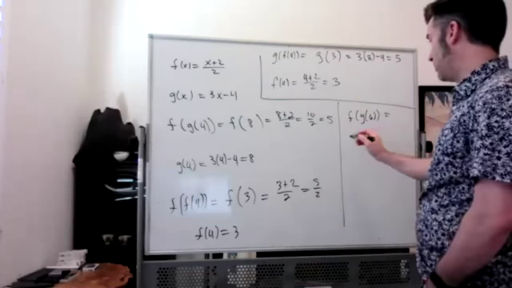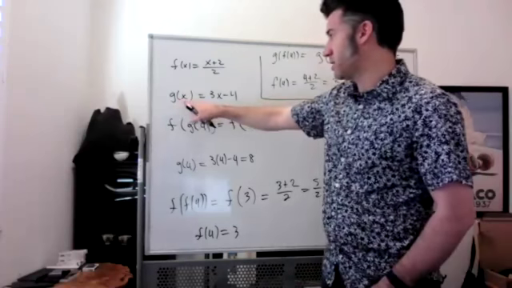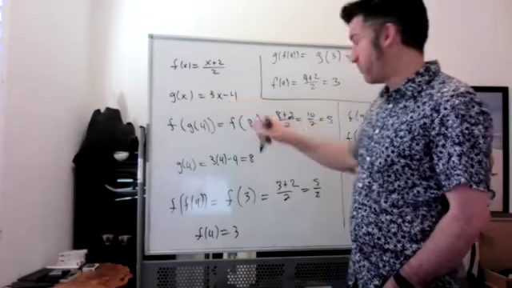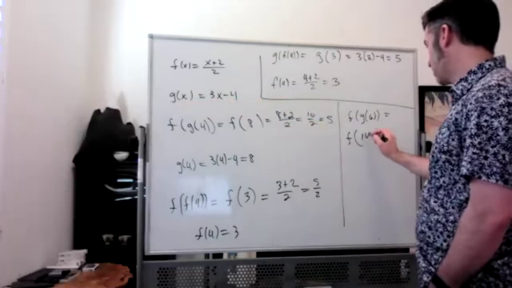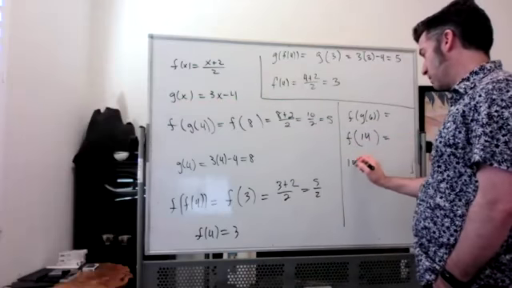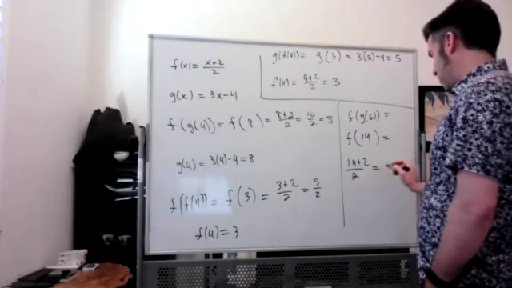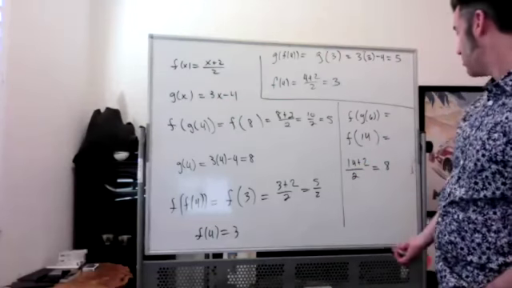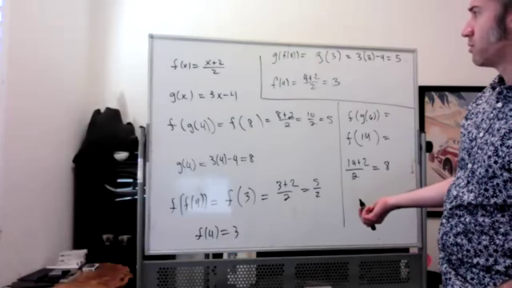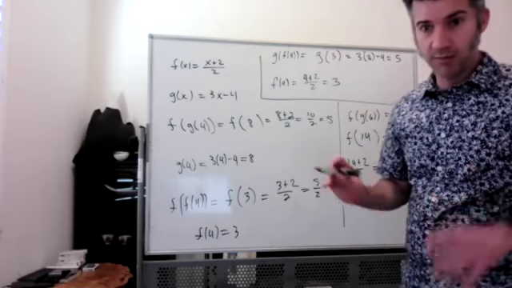So here, f of g of 6 would be f of g of 6, and g of 6 is 3 times 6 minus 4, which is 18 minus 4, which is 14. And then f of 14 would be (14 plus 2) over 2, which is 16 over 2, which is 8. Okay, so that's what's happening here.